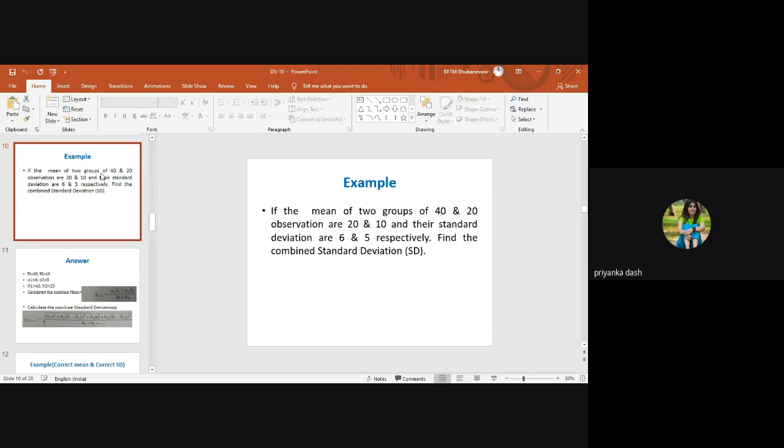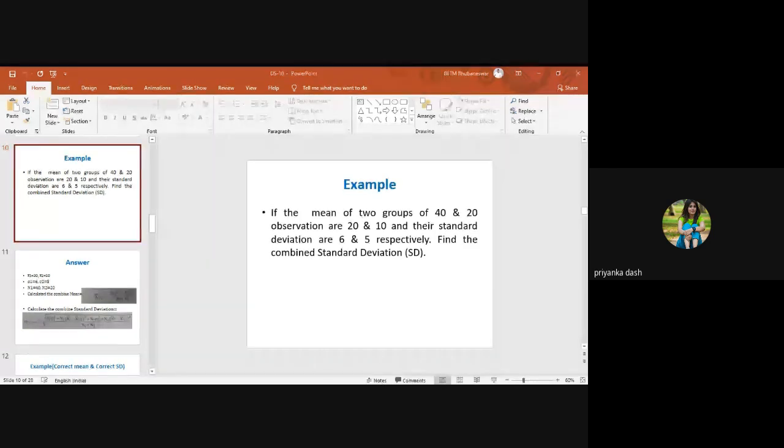Already you have written the combined mean for the first and second groups, which equals N1 x1 bar plus N2 x2 bar divided by N1 plus N2. We will call students' names once they finish the calculation of the combined mean. Yes, Rojalin Patnaik has already finished.